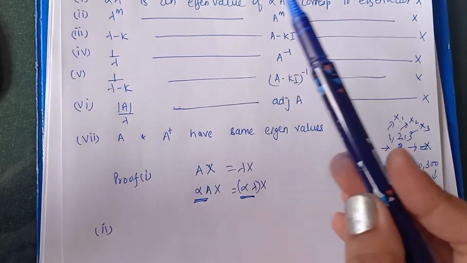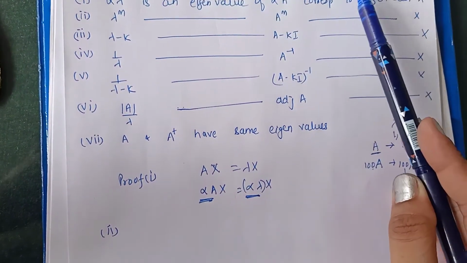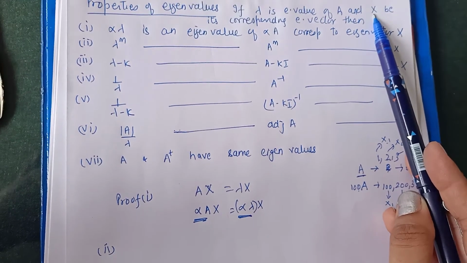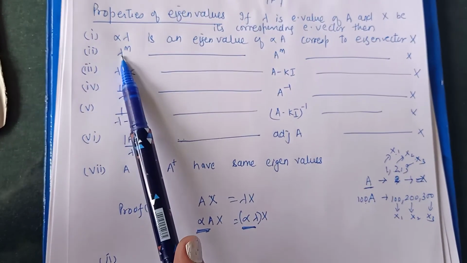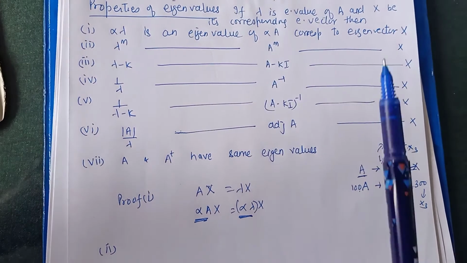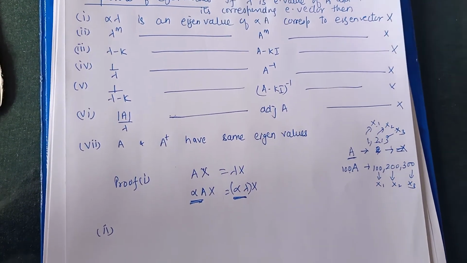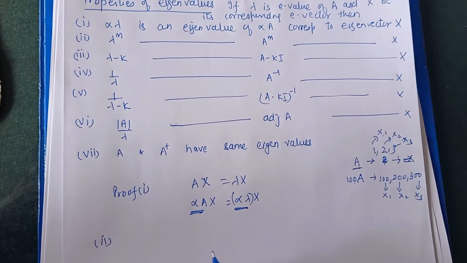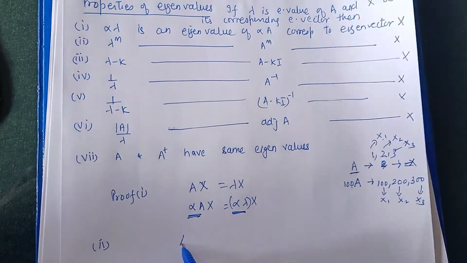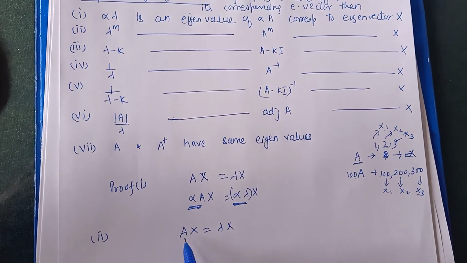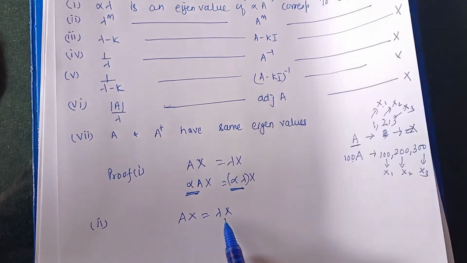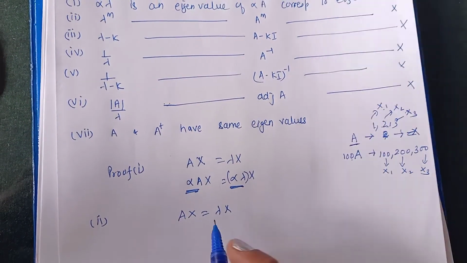Then go to the second identity: if lambda is an eigenvalue of A corresponding to eigenvector x, then lambda raised to power m is an eigenvalue of A raised to power m. We'll prove this by induction. First of all, we are given that Ax is equal to lambda x, that is, the eigenvalue of A is lambda corresponding to eigenvector x.